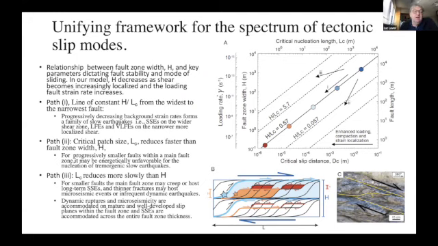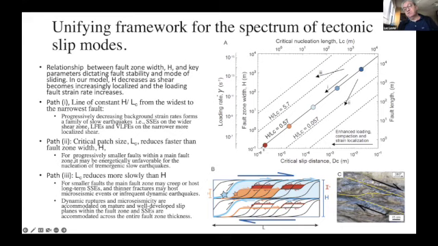So all these figures are kind of complicated. You have the critical nucleation length on top, and at the bottom you have the critical slip distance, Dc, and the fault length, okay? One line across is a line across our model.